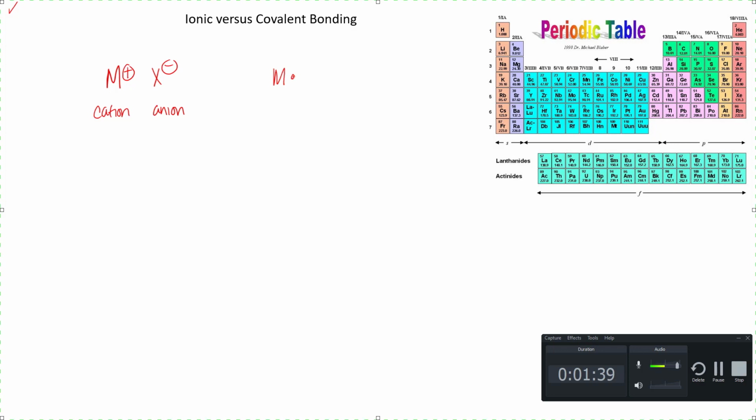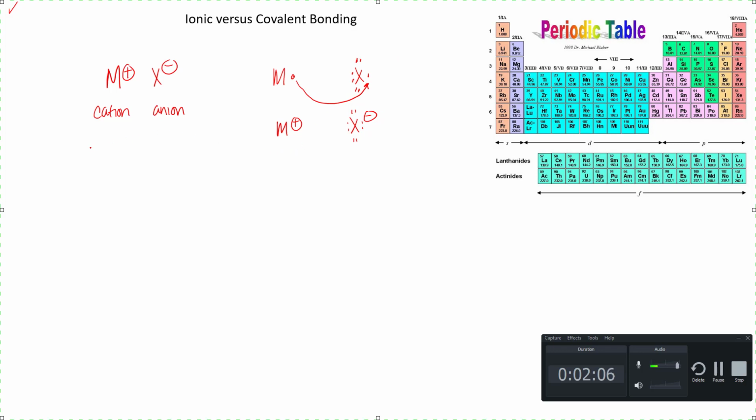Now, the way that we get a cation and an anion is that there is a metal, let's say, that has a valence electron. Maybe there is another atom that would like that valence electron, and so the metal will transfer that electron, losing it to become a cation, and the other atom gaining an electron to get the negative charge.